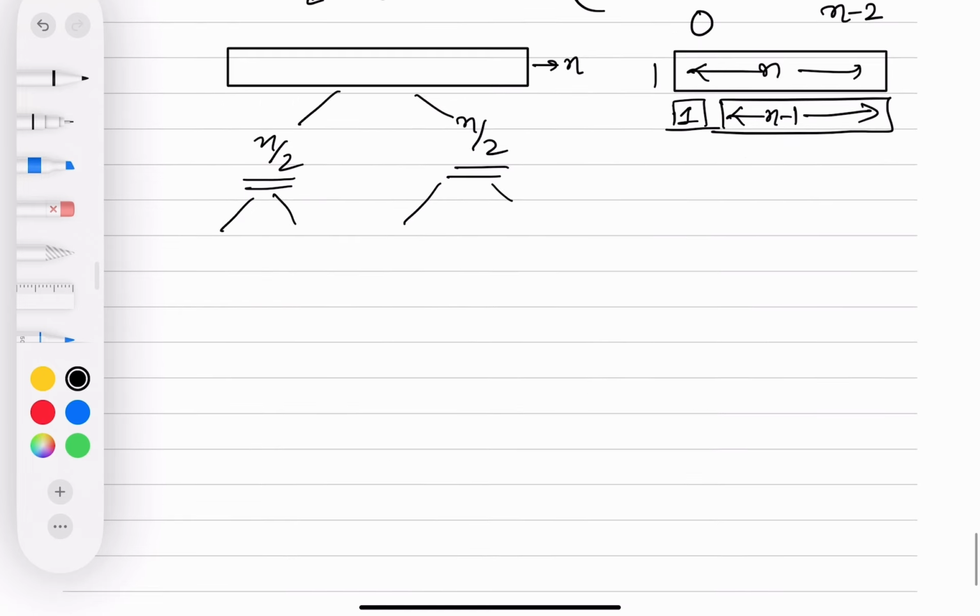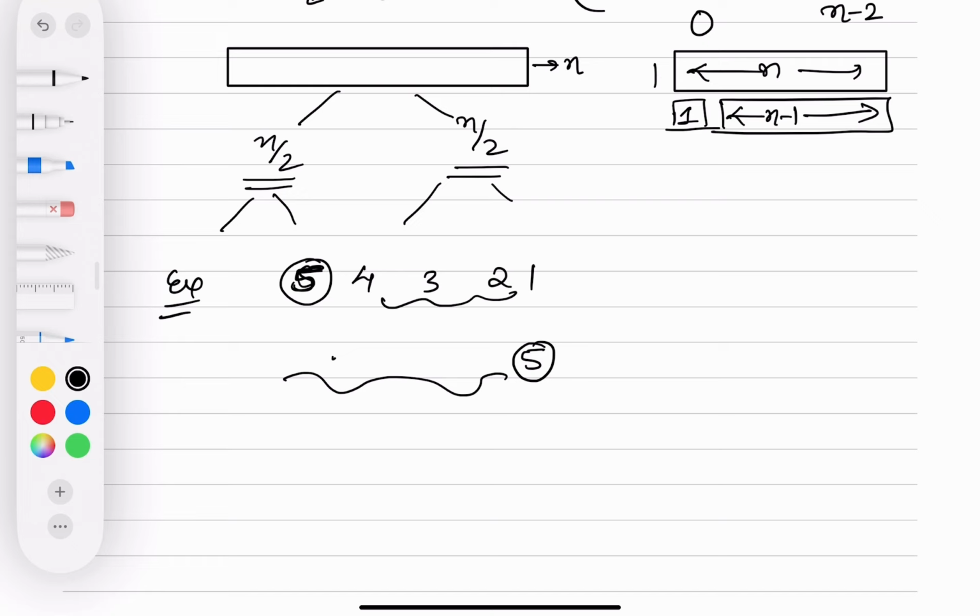Okay, I'll take one other example. If you choose the largest element, that is 5, 4, 3, 2, 1. So when you take 5 as a pivot element, 5 will come here. So here on the left, you will have again how many elements? 4 elements left. So at n, at left you will have n minus 1 elements, but at right you will have 0.